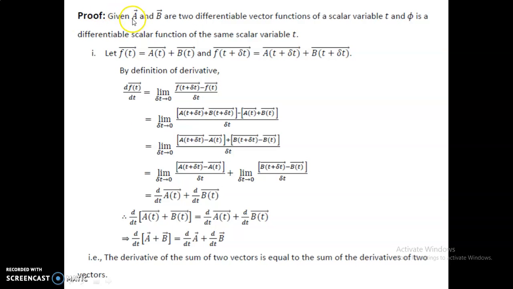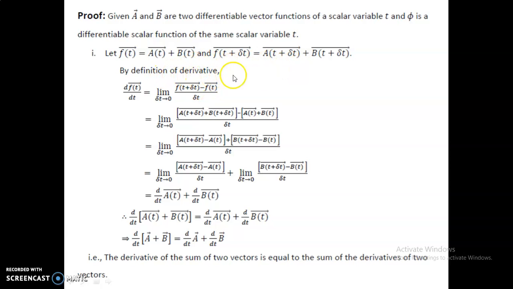So let us take a and b as two vector functions of a scalar variable t, and phi a differentiable scalar function of the same scalar variable t. Let f of t be a of t plus b of t, and small changes in this function of the scalar variable t, that is f of t plus delta t, is a of t plus delta t plus b of t plus delta t.